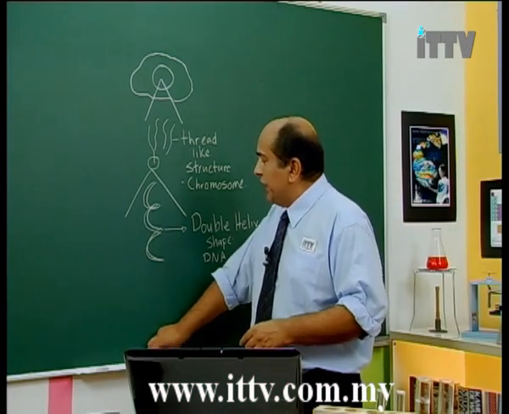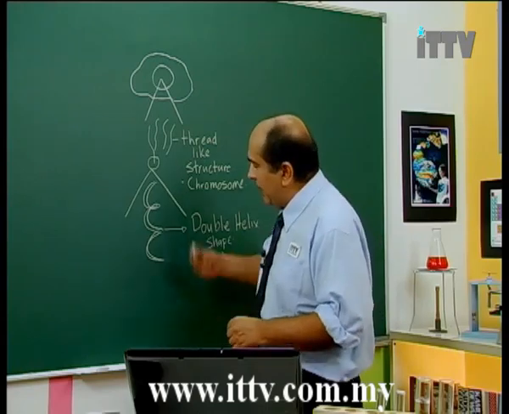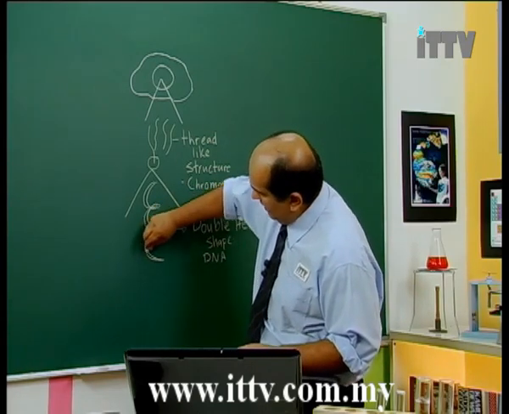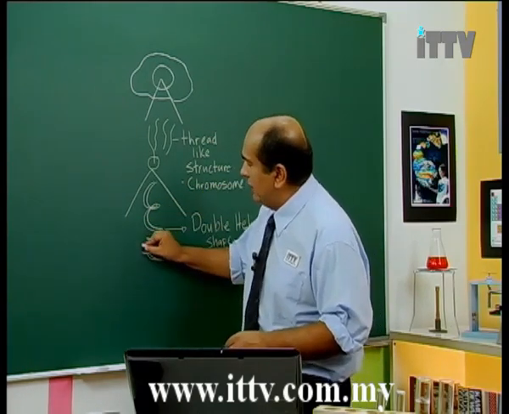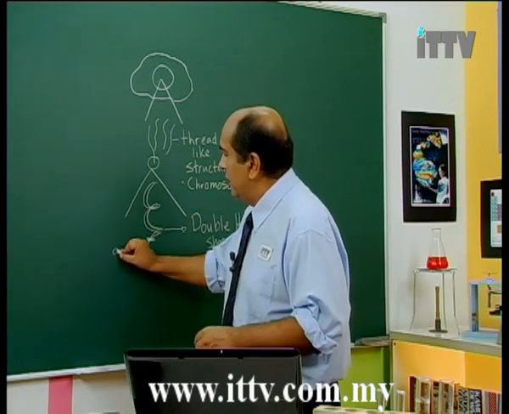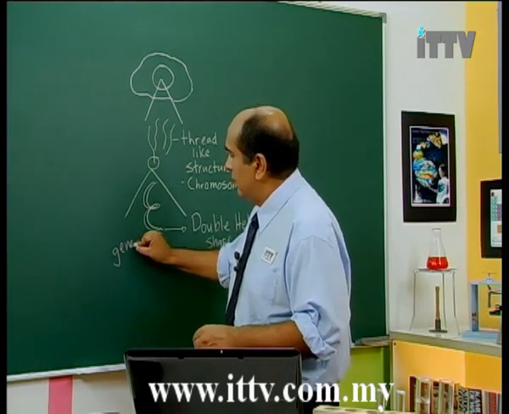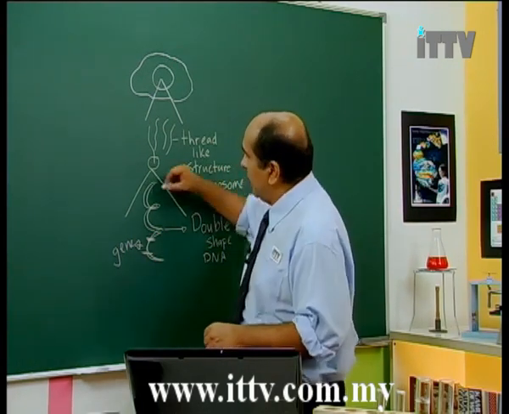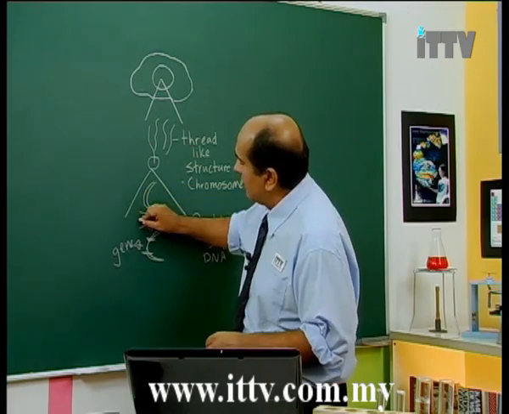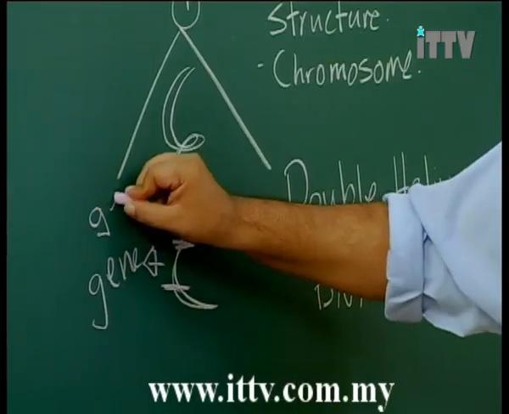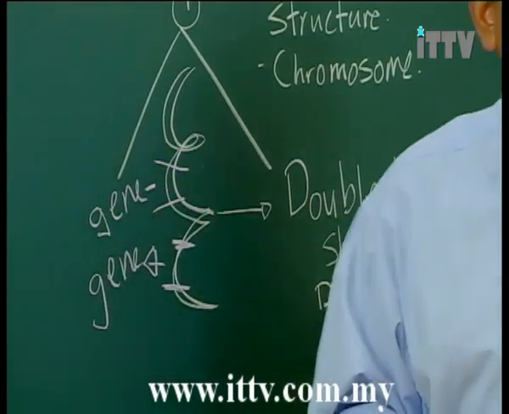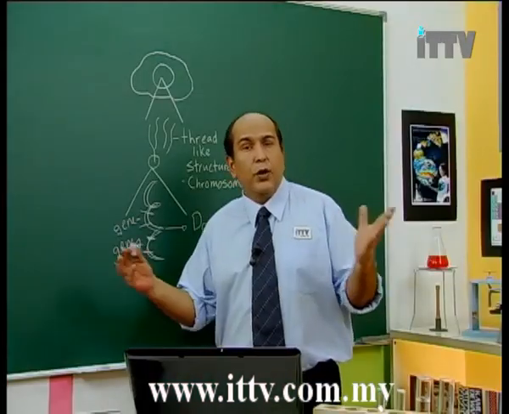Now, each individual part of the DNA, for example, from about here to about here, will be a gene. Maybe up here, from this part to this part, will be another gene. So what do we have?